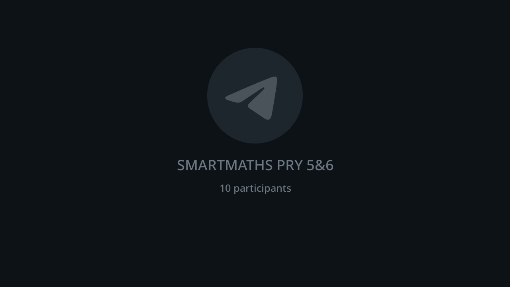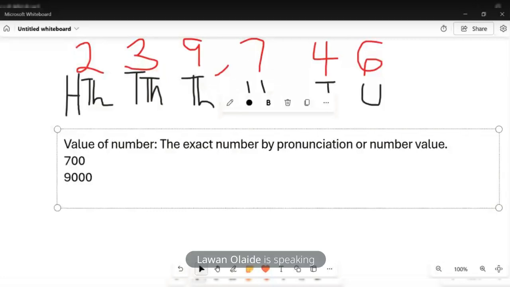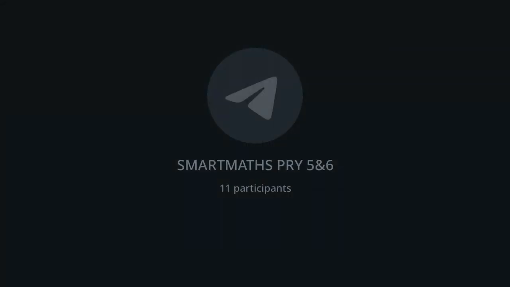So I'm resharing my screen. Lawan, can you see the screen now? I've restarted all over again. If you still cannot see, that should probably be your network. So you need to leave and rejoin. Okay, thank you, my dear.